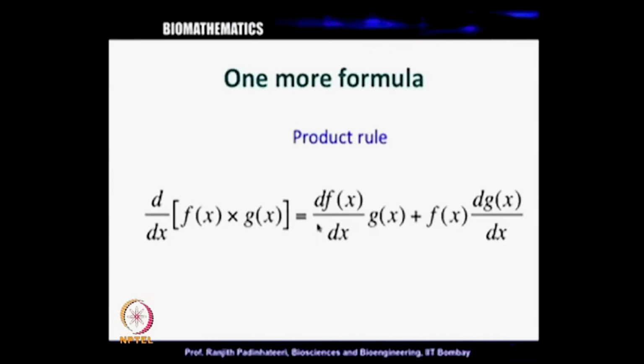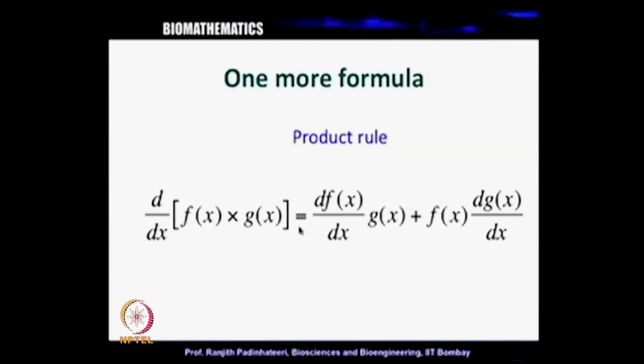It is the product of two functions, f of x and g of x, that is f of x times g of x. If you want to find the derivative of this product, d by dx of f of x times g of x.